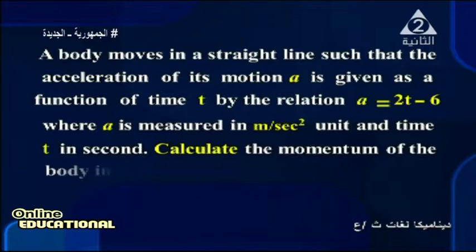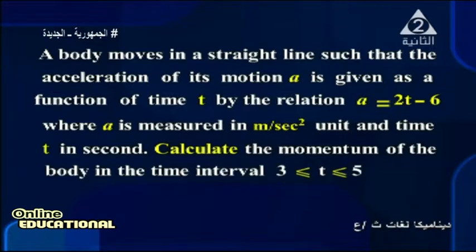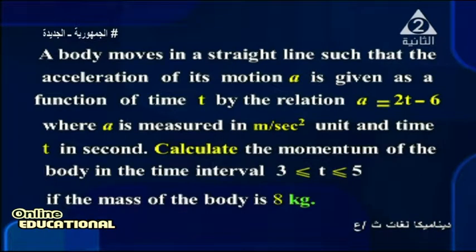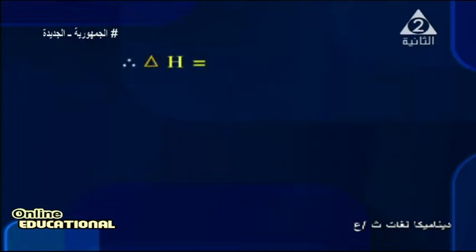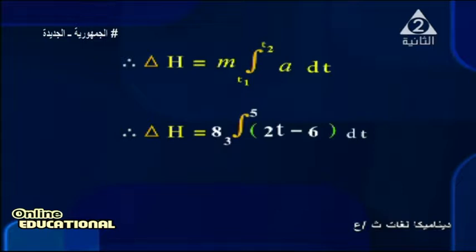Calculate the momentum of the body in the time interval 3 ≤ t ≤ 5 if the mass of the body is 8 kilograms. Now we know that delta H equals the mass m times the integration of a dt from t1 to t2. Then delta H equals 8 times the integration of 2t minus 6 dt from 3 to 5.